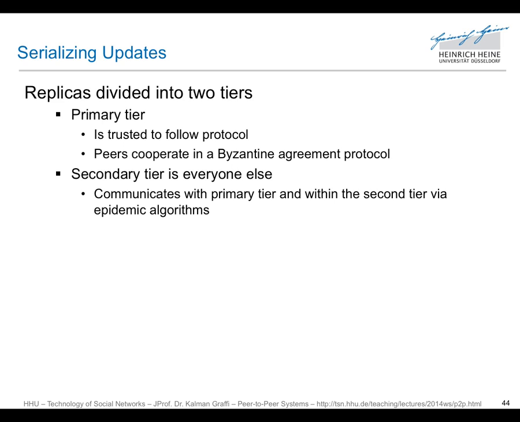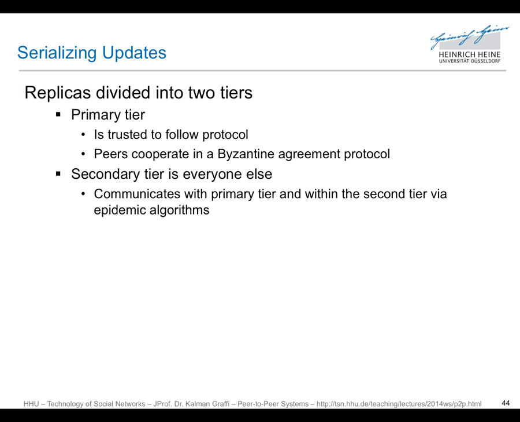Here, because we have multiple users writing at the same time, some control level is introduced, by having a second level of peers, a dedicated role of peers, which are trusted to follow the protocol, and they decide whether your change is valid or not. This is the main idea.